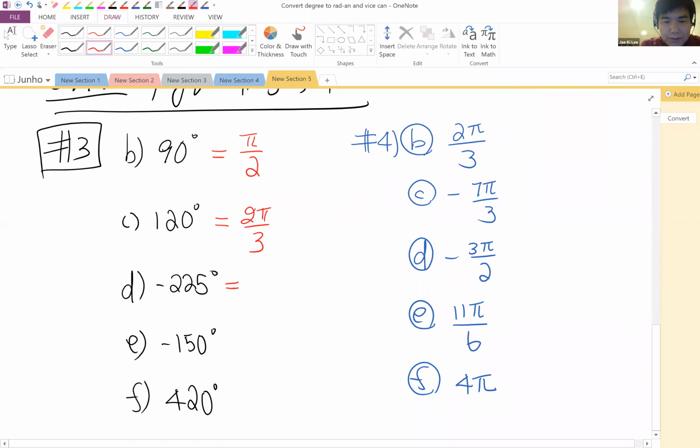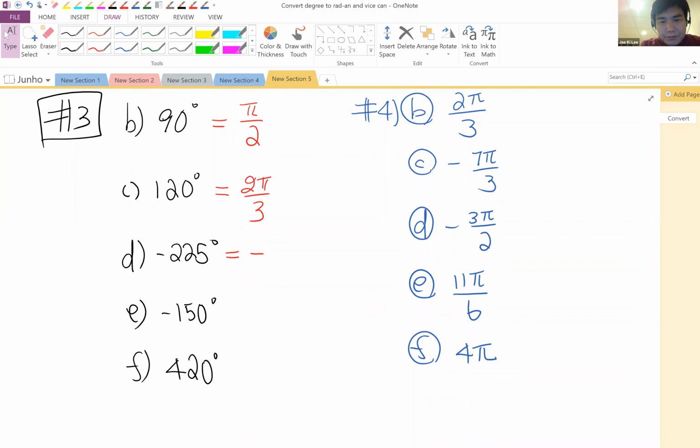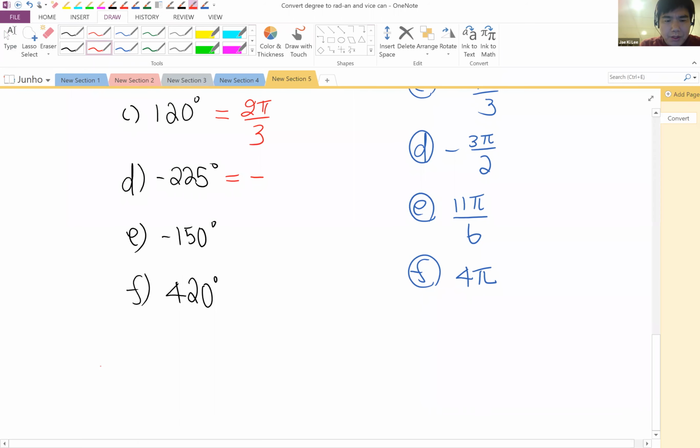Negative 225. So that also becomes negative 225 times pi over 180, which means negative 225 pi over 180.